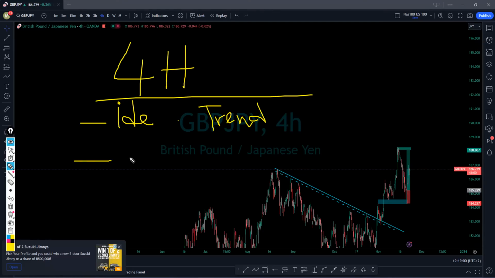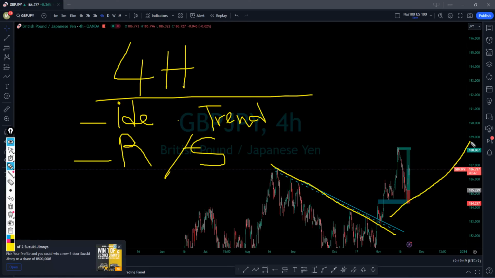So once you identify that trend, the second thing is to do what? Is to draw the resistance line or the support line. If it's a downtrend, we're going to draw a resistance line. If it's an uptrend, we're going to draw a support line. Let me repeat that. Plus, you're going to get this on a video again.